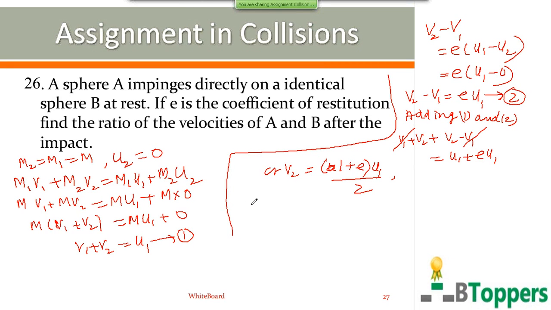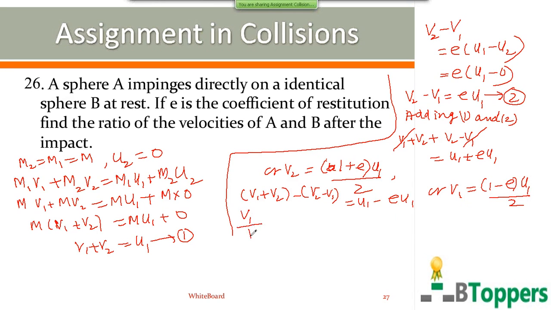Or you can subtract second equation from first equation to find v1 directly, in case you are asked to find v1 directly. If you simplify this, you get v1 equal to (1 minus e) times u1 by 2.